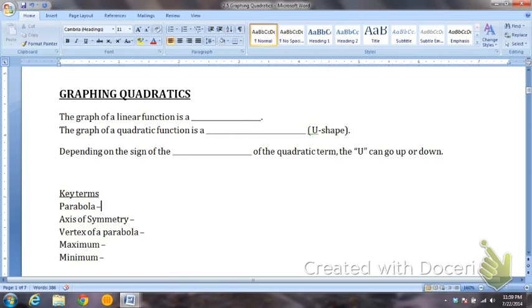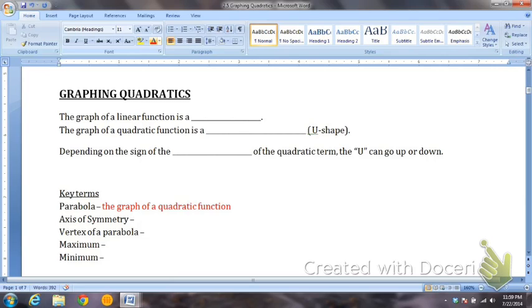Alright, so we stated that a parabola is the graph of a quadratic function. These are key terms. These are vocab words that you need to know. The axis of symmetry. Does anyone know? Heard of that?